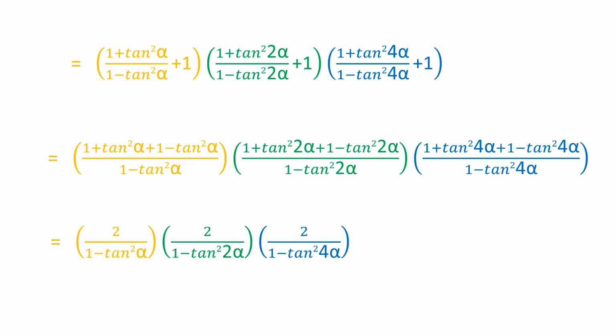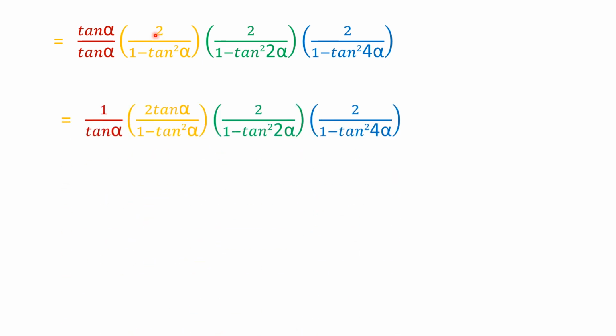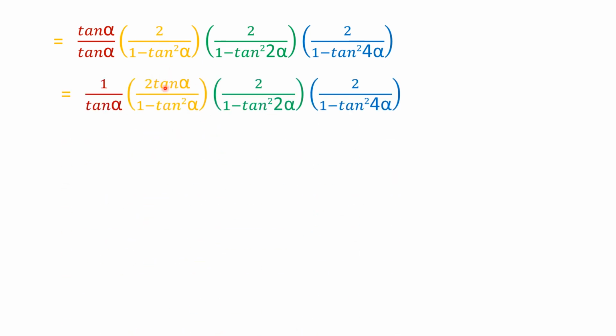So in the next line, we multiply with tan alpha and divide by tan alpha. After this, tan alpha will multiply these two. On multiplying, you will get 2 tan alpha, and outside we will get 1 over tan alpha, and the other terms as they are. After this, you can check this goes in formula.